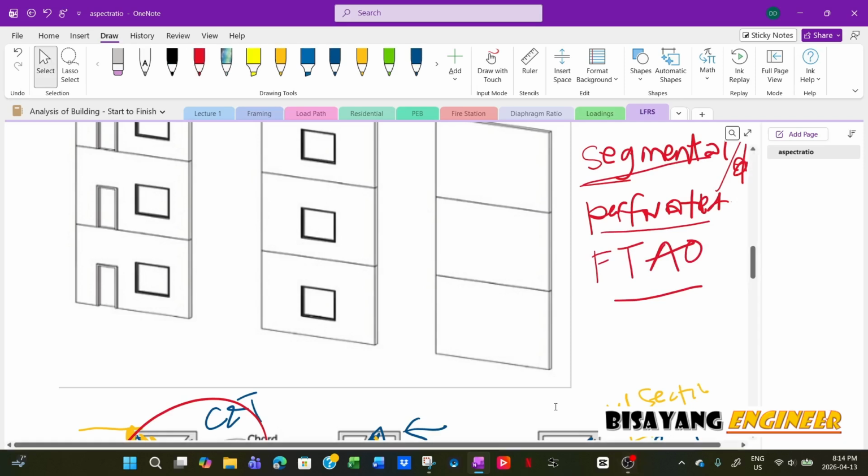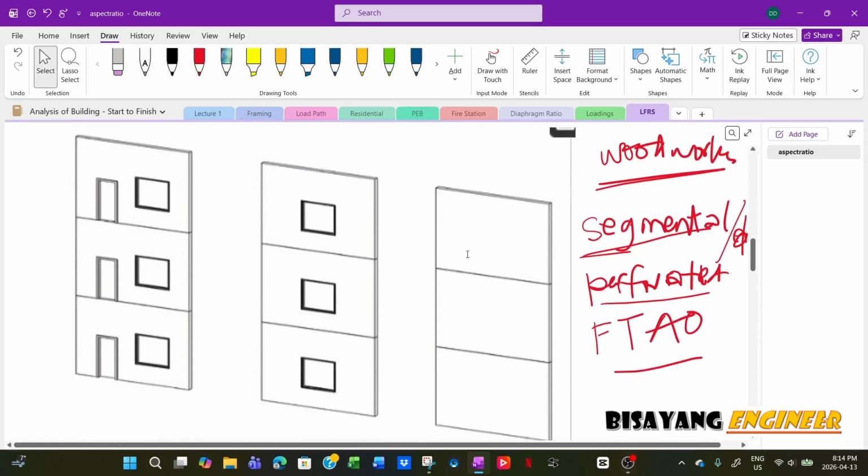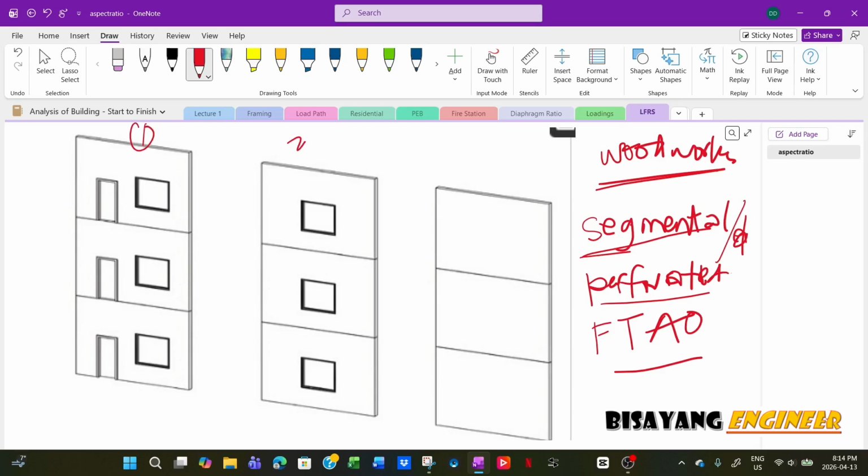Now, for segmental or segmented, for example, you have an opening here, like these walls have openings. When you say segmented shear wall, you only consider the solid walls.